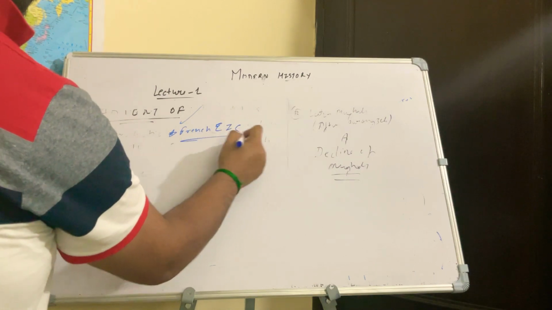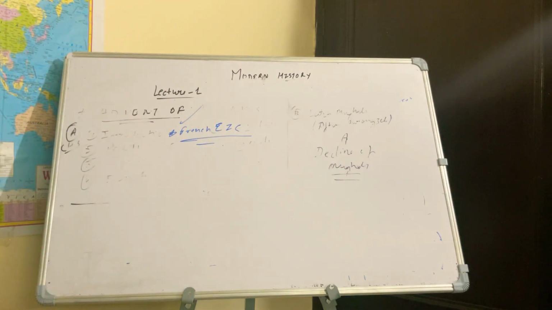French East India Company. The basic difference, you can start with the very first point, between the British East India Company and the French East India Company was that the British East India Company was a private company and the French East India Company was state owned.